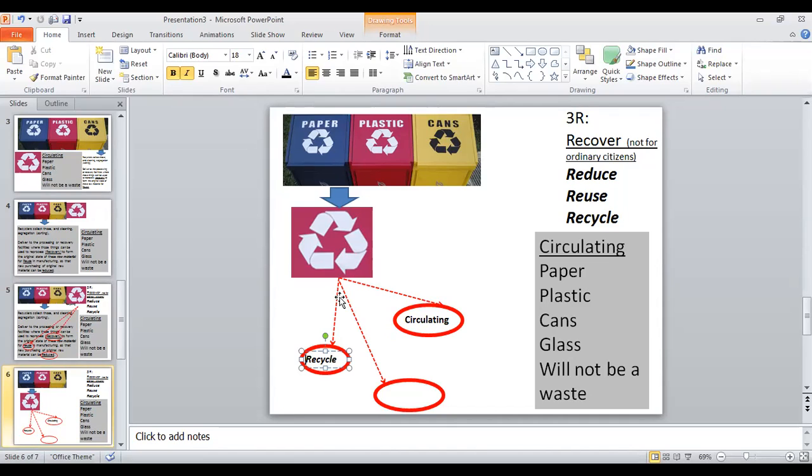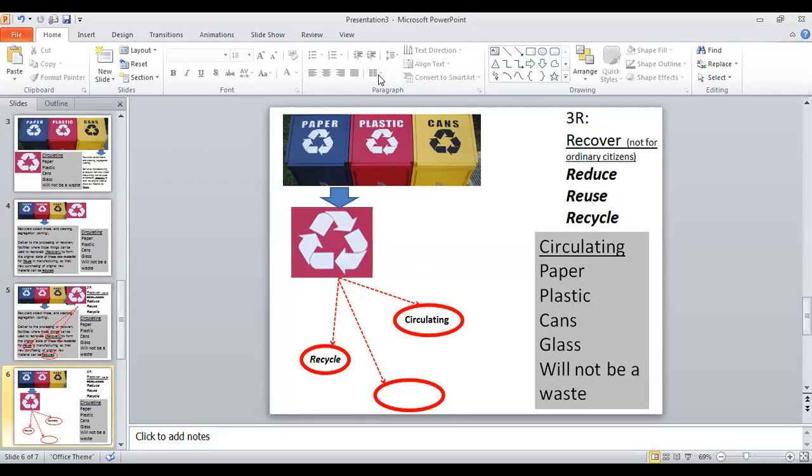Okay, whatever you put here, then there is a relevancy of the word recycling. Okay. So recycling, circulating.